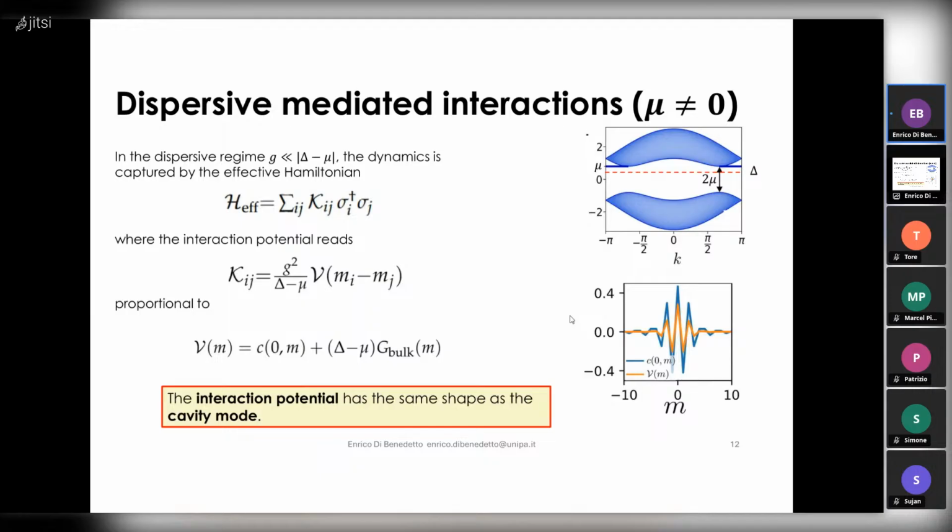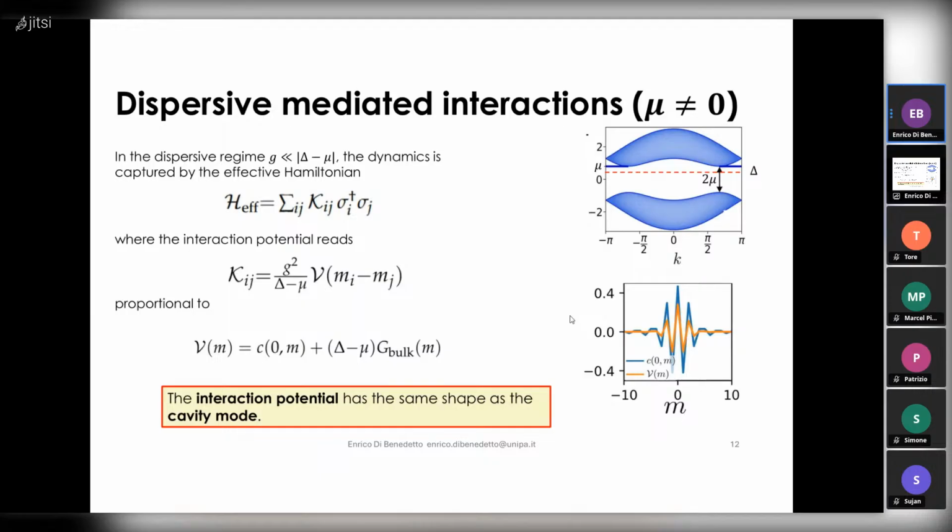If the coupling is weak enough, so smaller than the difference between the energy of the qubit and the one of the platform, you can trace out all of the photonic degrees of freedom and end up with the usual effective Hamiltonian featuring only qubit degrees of freedom, which describes a coherent spin-exchange interaction between the qubits, which is dubbed photon-mediated interactions.